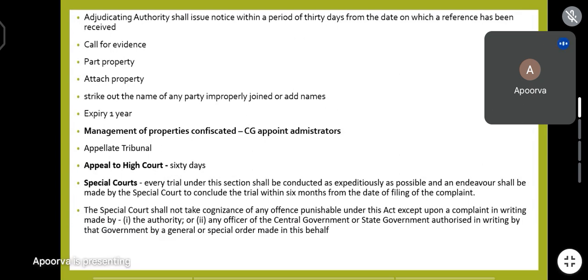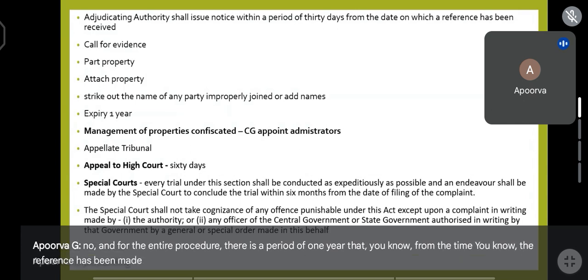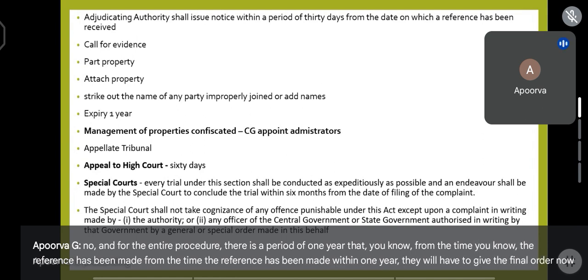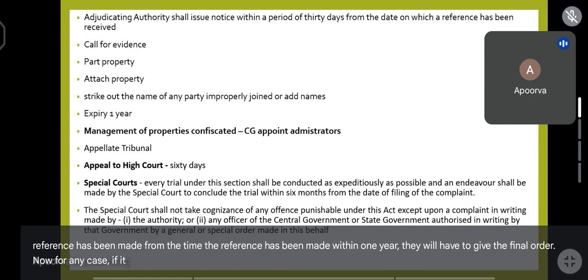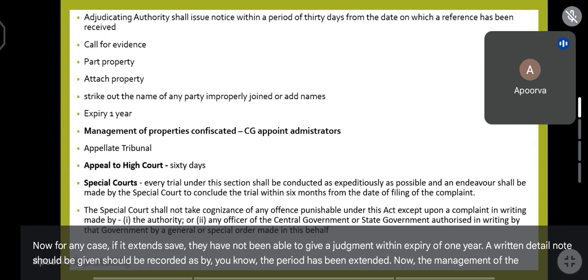For the entire procedure, there is a period of 1 year from the time the reference has been made within which they have to give the final order. If they have not been able to give a judgment within the expiry of 1 year, a detailed written note should be recorded as to why the period has been extended. Now, the management of the properties that have been confiscated.